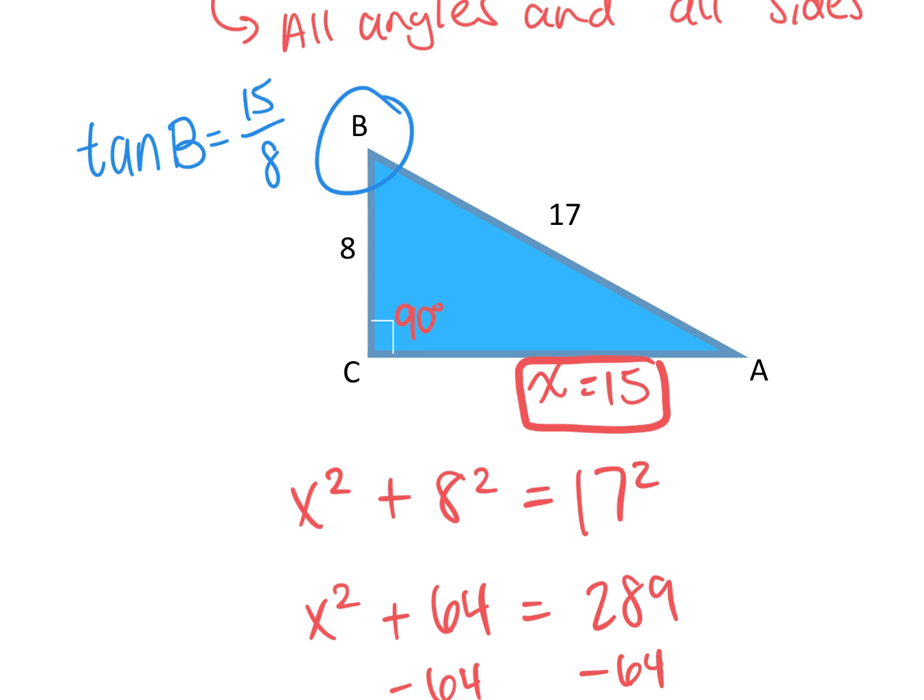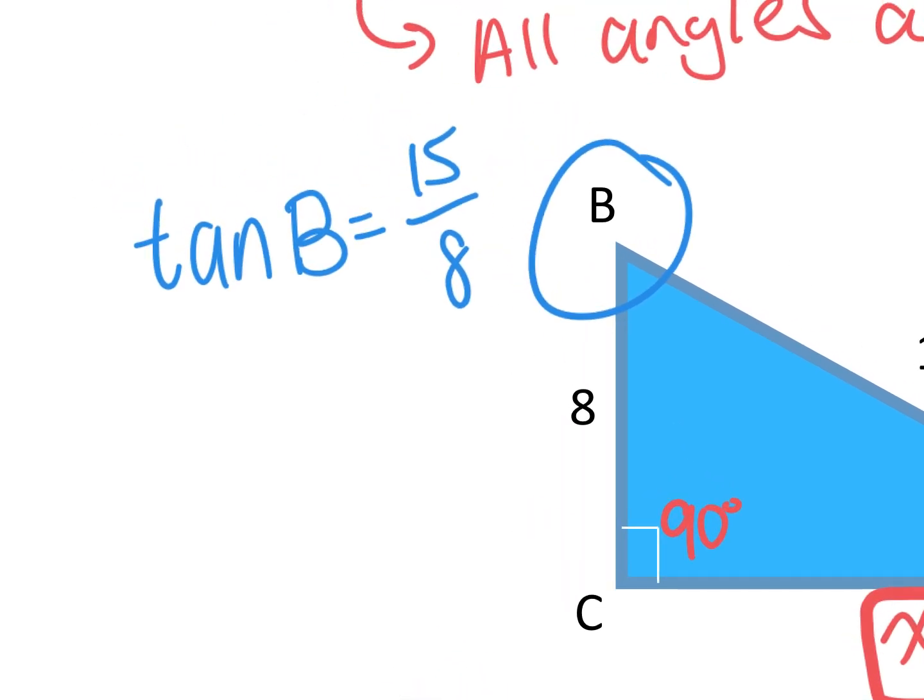What did I say to do when we know the ratio, but we don't know the angle? How could we figure out this angle, B? Tangent inverse, very good. So B is going to be the tangent inverse of 15 divided by 8. Plug it in, see what you get.